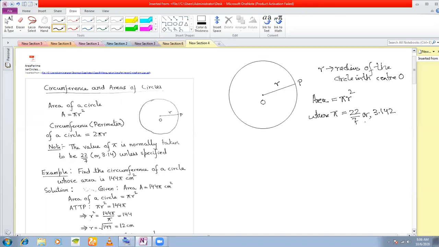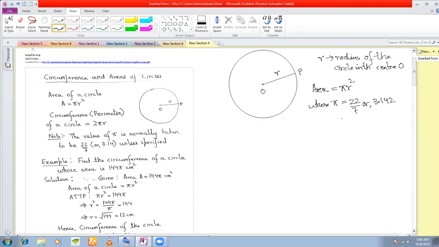Remember that pi is an irrational number, but in order to work with pi, we make it a rational number and then work. But pi is actually an irrational number. Anyway, we'll deal with that a little in higher classes.